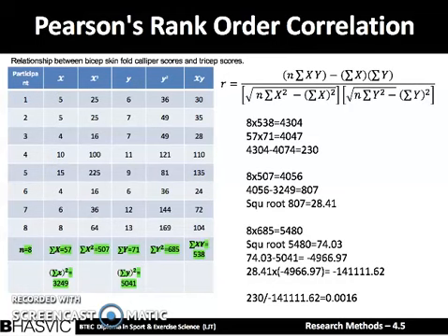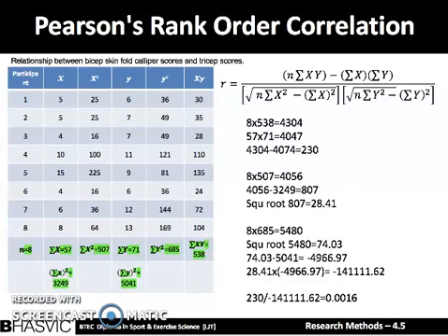So putting this into the equation then, I'll start by doing 8 multiplied by 538. This is because 8 is N, and 538 is the sum of X times Y. So it's that first part of the equation, and that equals 4,304.